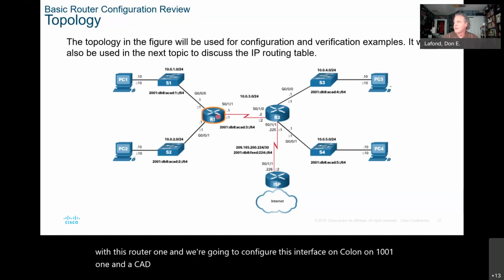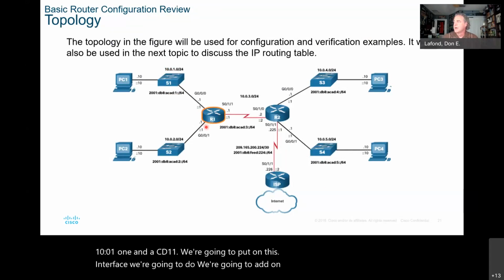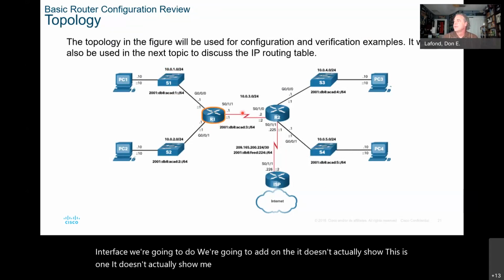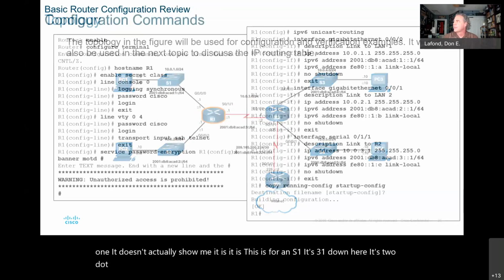We're going to put on this interface... it doesn't actually show... oh, it is. This is for S1. It's 3.1. Down here, it's 2.1. All right, those are these three interfaces.